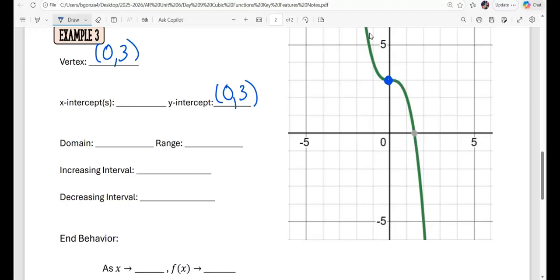The x-intercept, now, I can't see it exactly. Okay, but it looks like about 1.5, 0. Could be a little less, like 1.4. We already said domain and range, all real numbers, all real numbers.